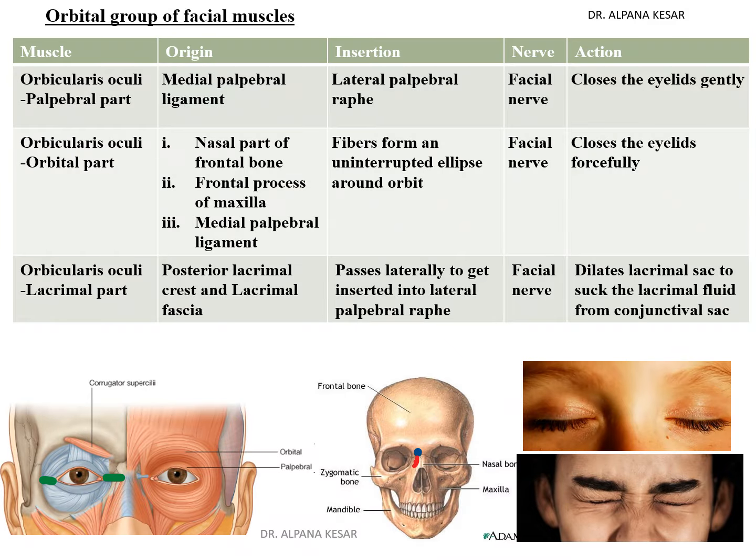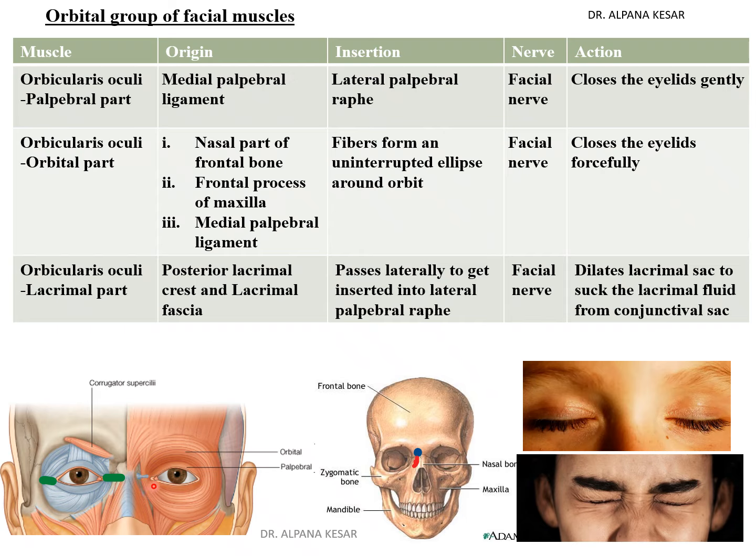We shall do all the muscles of the face in detail, starting with the orbital group of facial muscles, orbicularis oculi. Orbicularis oculi muscle has three parts: the palpebral part, the orbital part, and the lacrimal part.